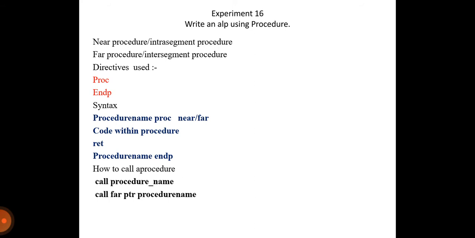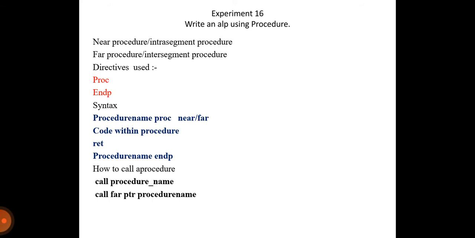But what happens when we call a procedure? Listen carefully. When we call a procedure, we know that IP will store the address of the next instruction to be executed. Instead of executing the next instruction, our program will execute the first instruction which we wrote in the procedure definition.